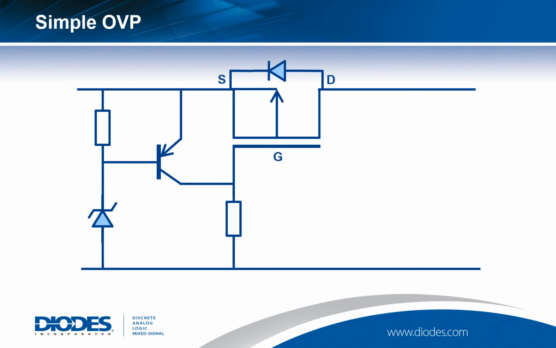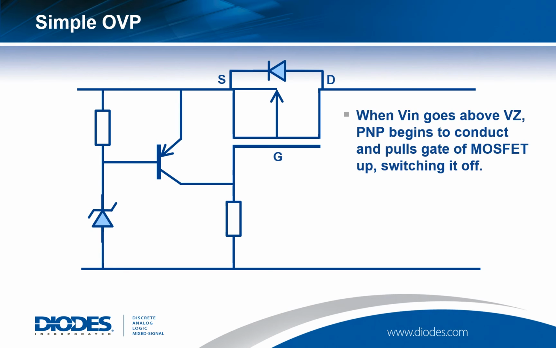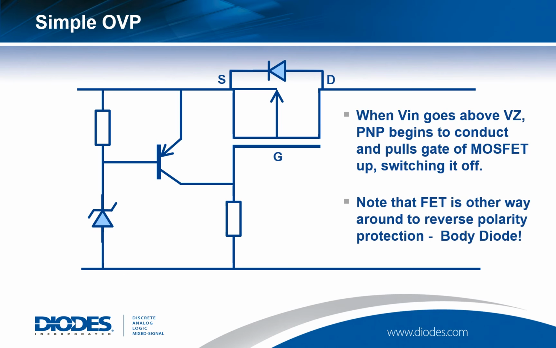That circuit can be as simple as this. When the input voltage goes above the Zener voltage, the bipolar transistor begins to conduct, pulling the MOSFET gate high and thus switching it off. Note that as compared to our reverse polarity protection scheme, the MOSFET is now placed the other way round, again because of the body diode.